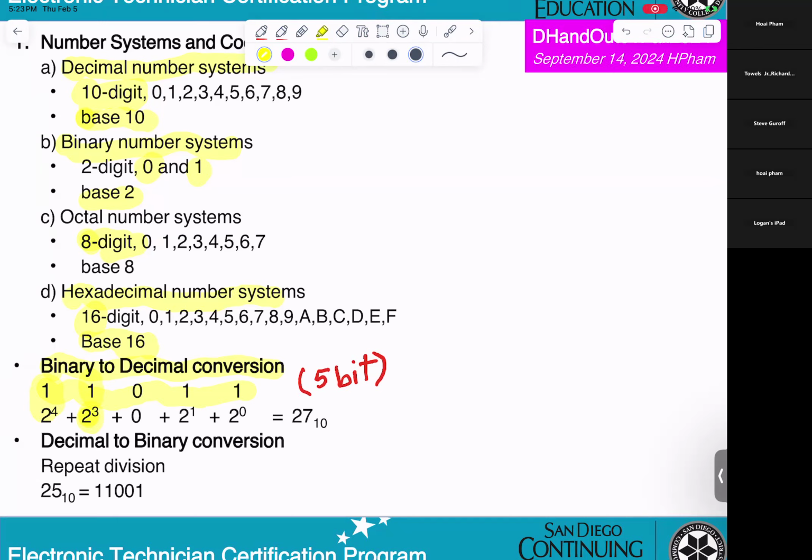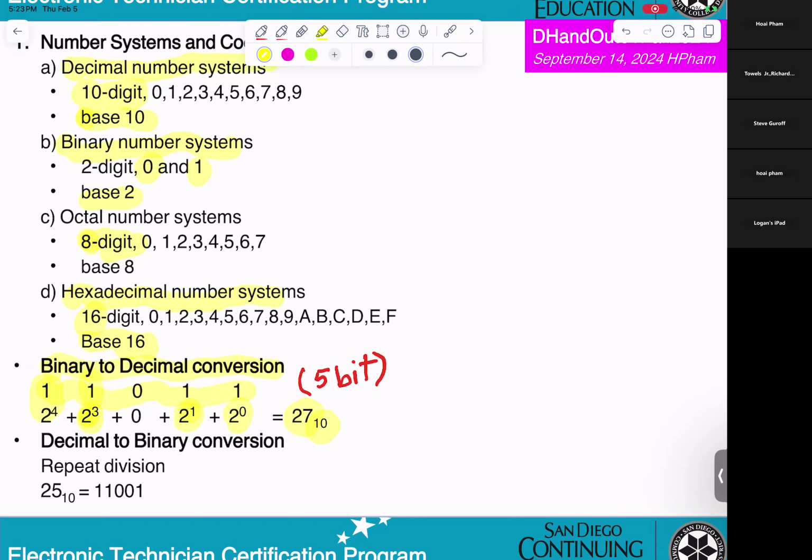And they add 0, doesn't matter, who cares? So that's why. They add the next one here, 2 power of 1. And the last one, 2 power of 0. After calculation, they add up, they get 27. However, base 10.